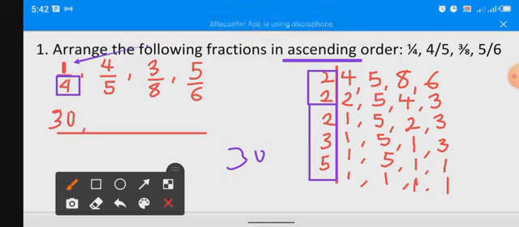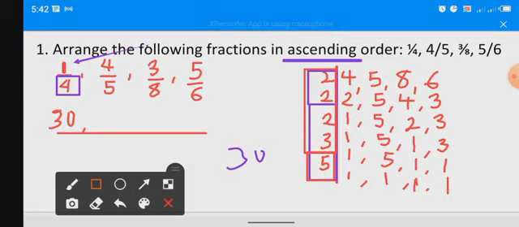Now, the next fraction, 4 over 5. We look for 5 in the numbers here. This is 5. If we remove 5, we'll be left with 2 times 2 times 2 times 3, which is 8 times 3, that is 24.